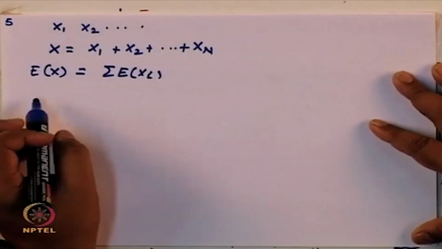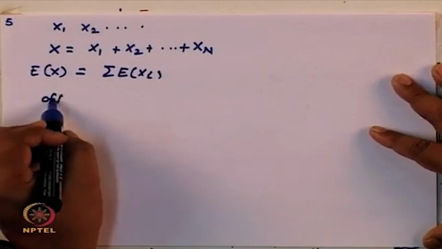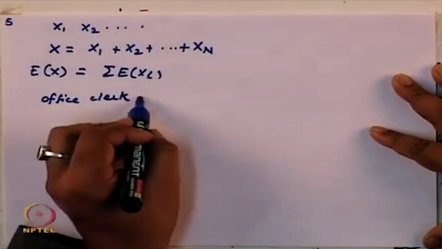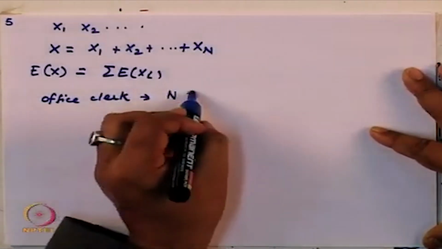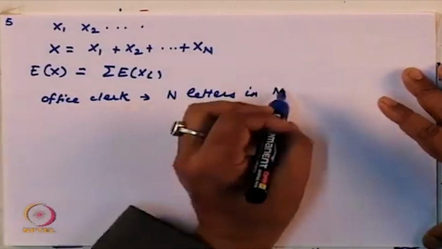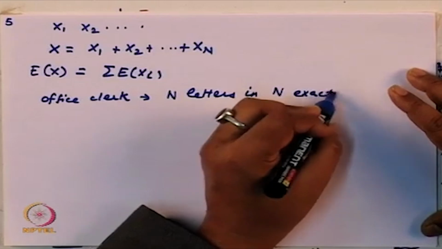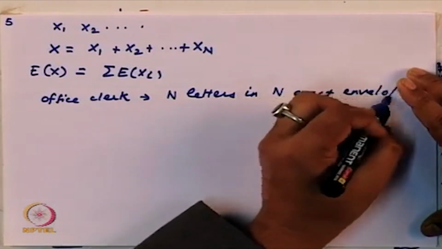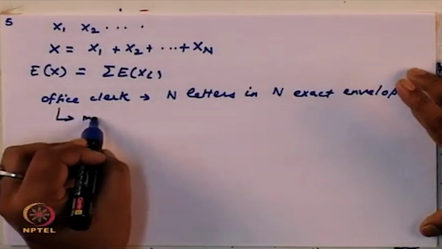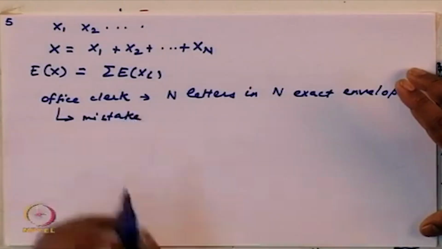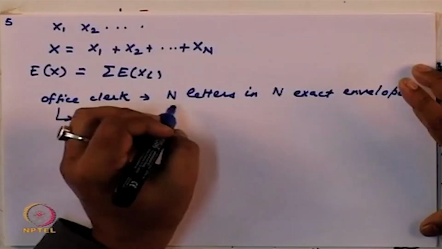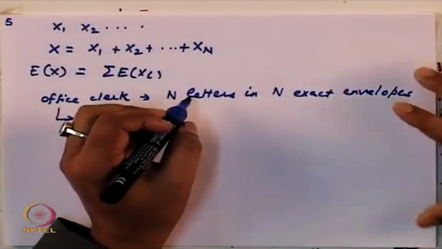Imagine the office clerk has to put n letters in n exact envelopes. When we say n letters in n exact envelopes, every letter should ideally be in one particular envelope.